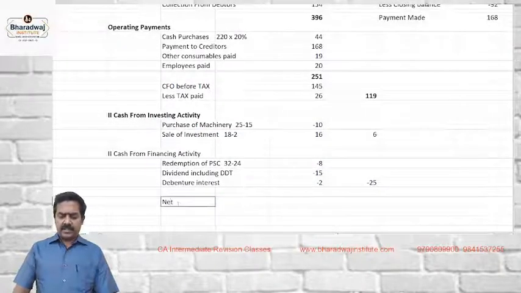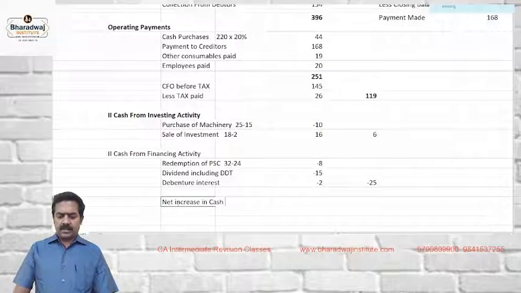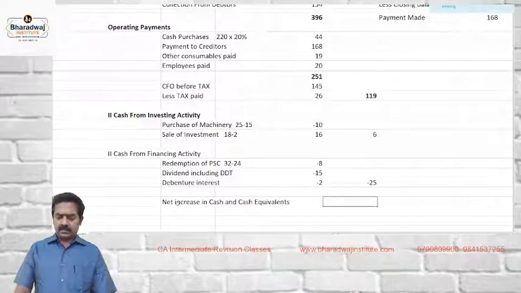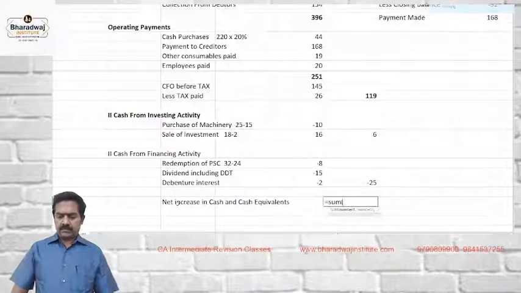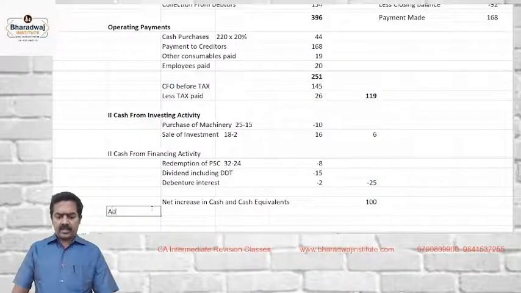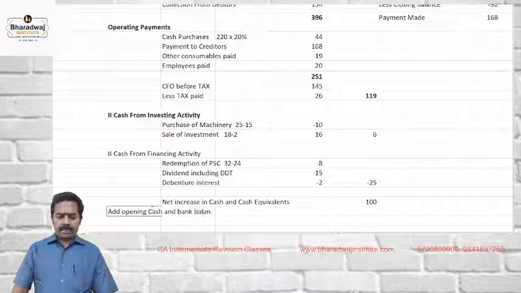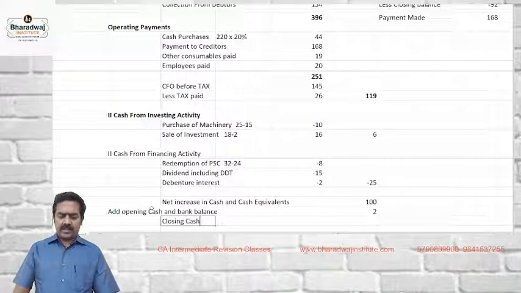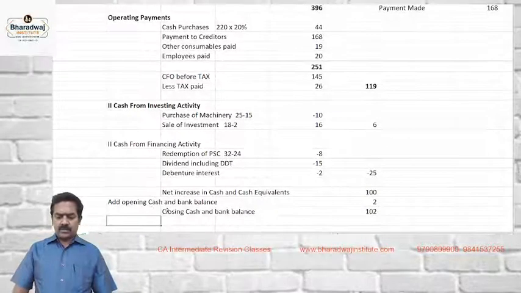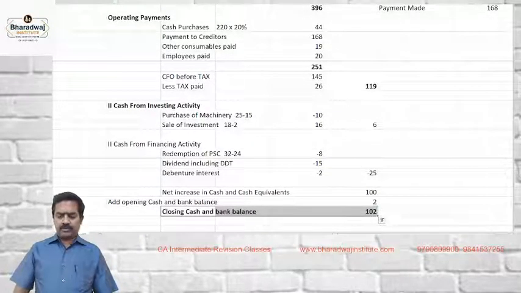This will give us net increase, cash and cash equivalents. Anything that we omitted? Add opening cash and bank balance. What is opening cash and bank balance? 2 crores, you will get closing cash and bank balance. What is the closing cash and bank balance? 102.